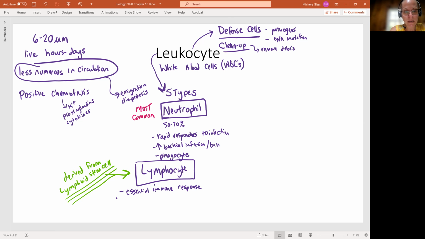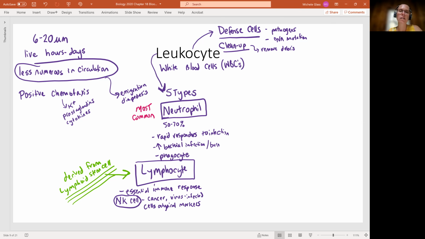We'll see this cell that's called the NK or natural killer cell as an example of a lymphocyte. And they're especially interested in targeting cancer cells, virus infected cells, any of your cells that have atypical markers.